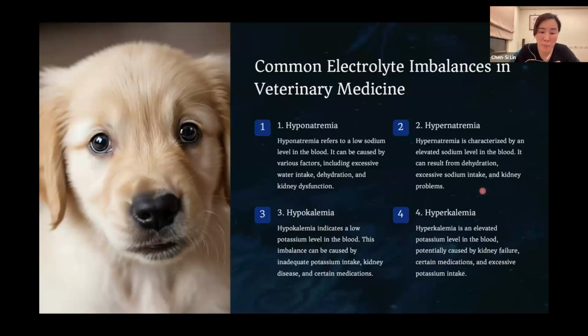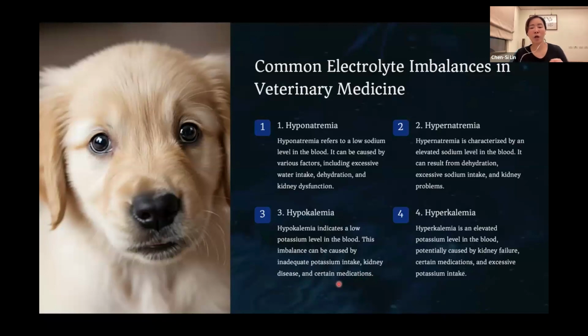For potassium, the animal may suffer from hypokalemia, which means a lower potassium concentration in the blood, or hyperkalemia on the contrary. Hypokalemia indicates a lower potassium level in the blood, and the imbalance can be caused by inadequate potassium intake, kidney problems, and certain medications.